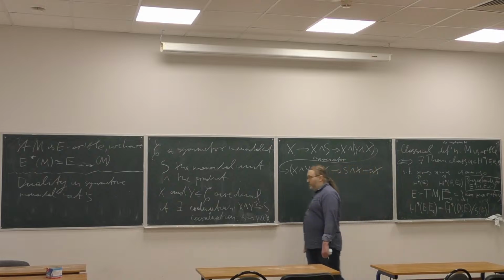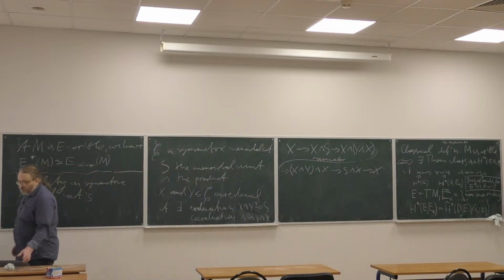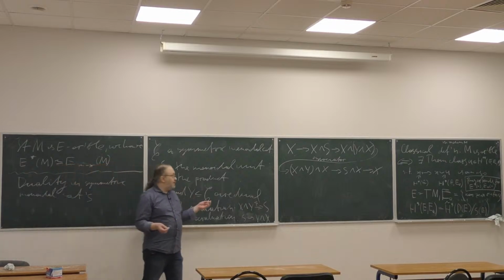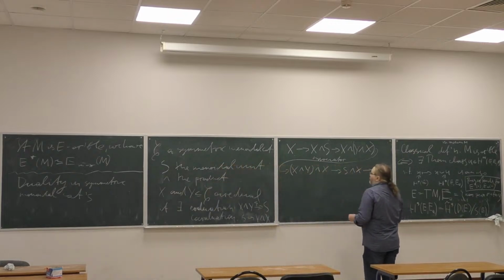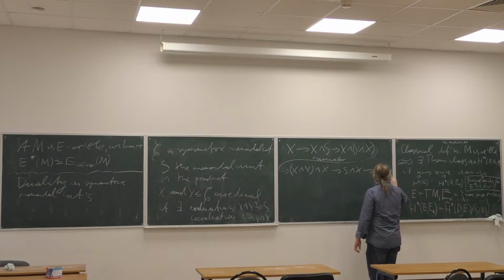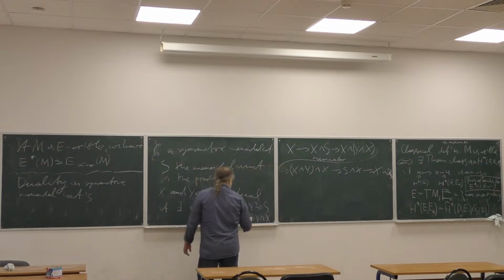And I get X wedge X, which is isomorphic to X by the monoidal structure, because S is the monoidal unit. So we have this map. And we require this map to be the identity. Okay, we have epsilon and we have eta.